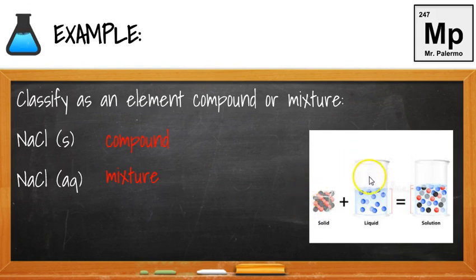I'm taking this and putting it into water, and the end result is I have water particles, and then I have my Na, my sodium, and my Cl all floating around, but they are not connected, not chemically bonded, and that's why it's a mixture. They're in the same place at the same time, and they're just physically in that same space, and we can physically then remove them to get back to our original substances, which are water and our solid sodium chloride.